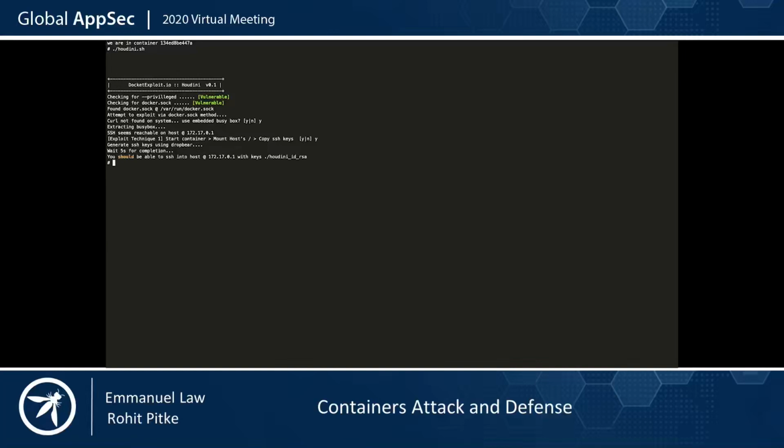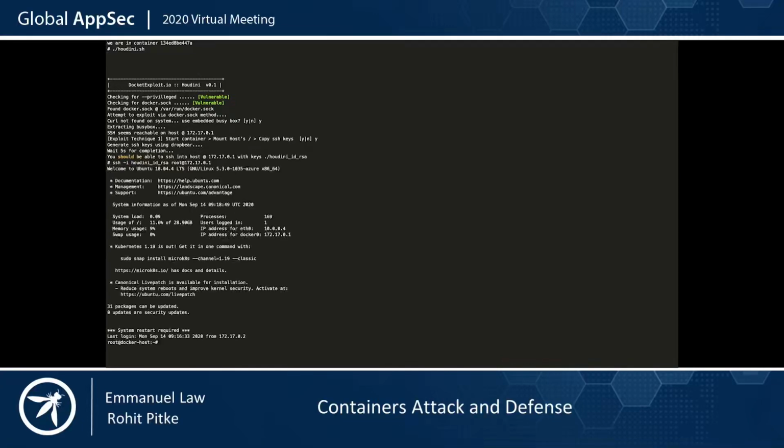We use it to start a container, mount the host file system, copy an SSH key into the host file system, and then we should be able to SSH from the container into the host system. There we go.